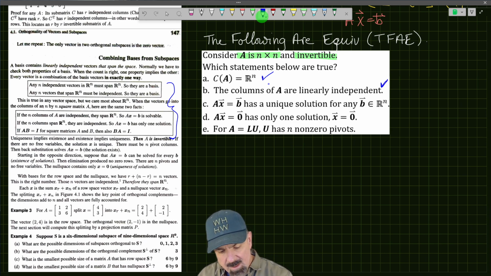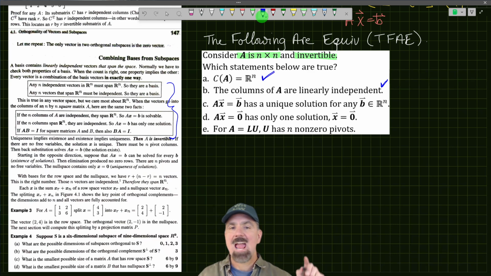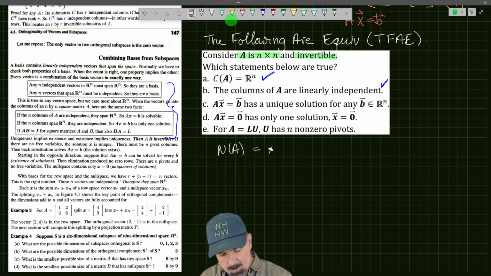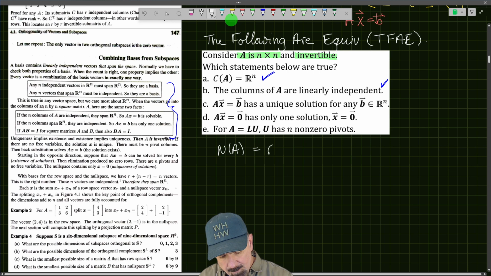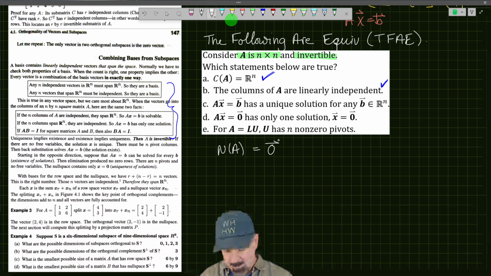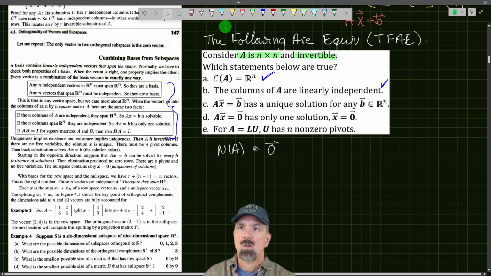We know that Ax equals B has a solution, and moreover, we know that that solution is unique. And we know it's unique because the null space of A is trivial. We hadn't talked about null space when we were talking about this, but that's worth adding in here. The null space of A is equal to 0. The only thing in the null space is the 0 vector. That's part of his conversation.